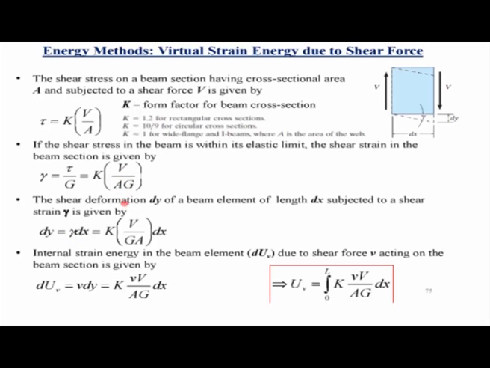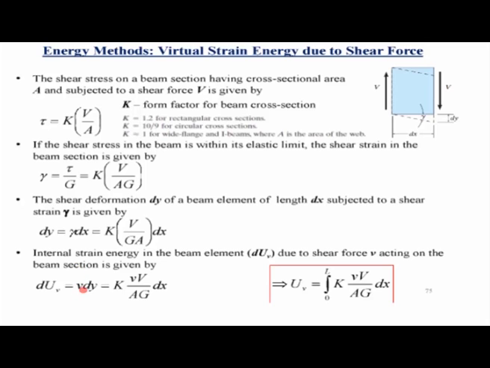Now gamma is KV by AG, so you put that here, so it is KV by AG dx. So the internal strain energy in the beam due to the shear force V acting on the beam section is given by v times V K dx over AG, or it is v times dy. So this small v that you see is the shear force at that beam section due to the virtual load.